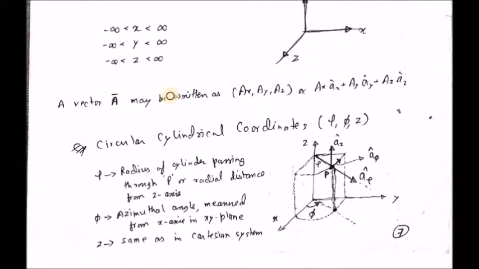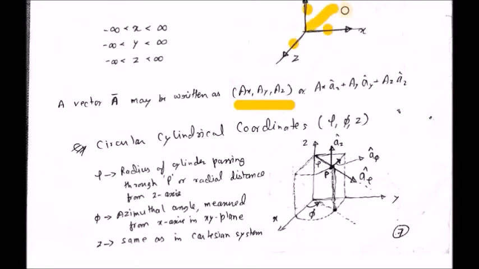In this Cartesian coordinate system, any vector A may be written like this: in brackets, just write the component along x, the component along y, and the component along z, that is Ax, Ay, Az. These capital Ax, Ay and Az are the components along the x, y and z directions.